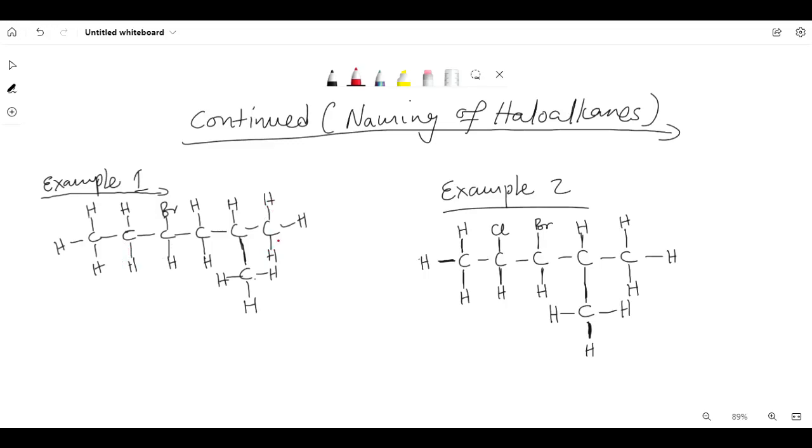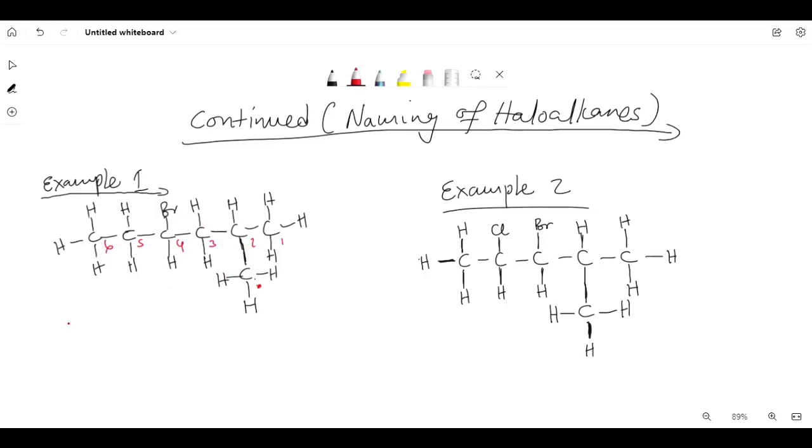If I say this is 1, 2, 3, 4, 5, 6, this becomes my branch. Now if I count from right to left, I have my methyl on number 2 and my bromine on number 4.